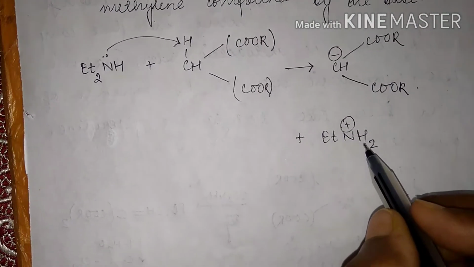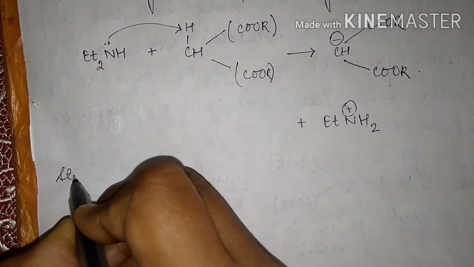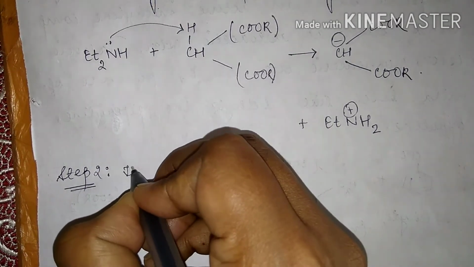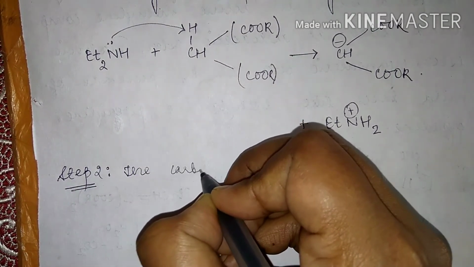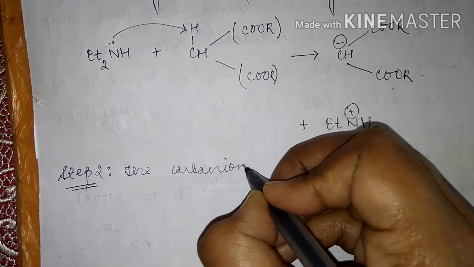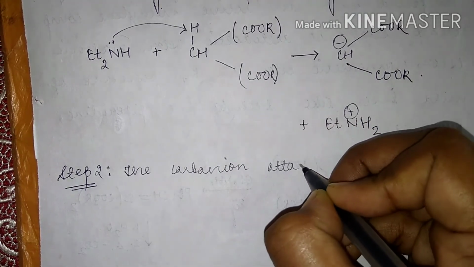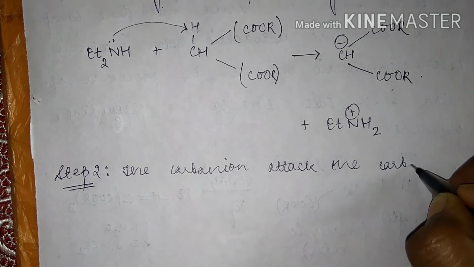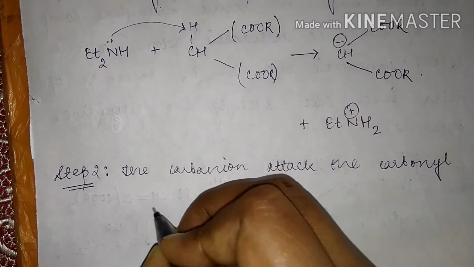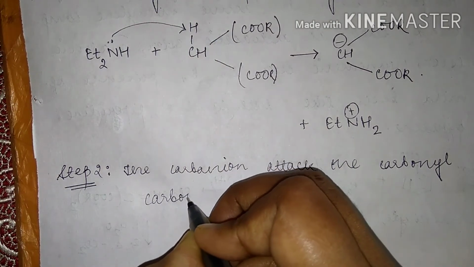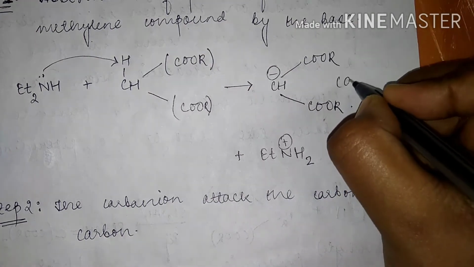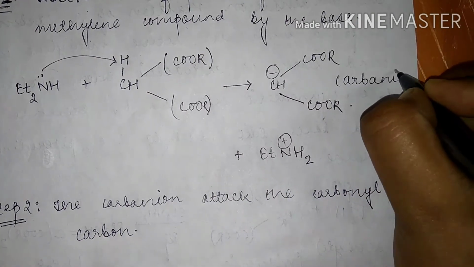The lone pair from the nitrogen abstracts the proton and forms the protonated base. In step 2 of the reaction, the carbanion attacks the carbonyl carbon. This is our carbanion.